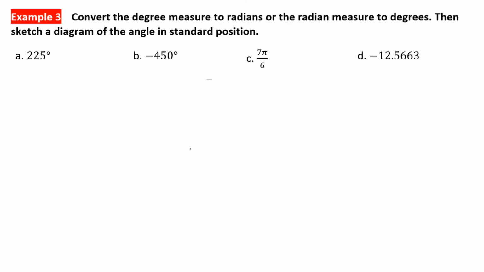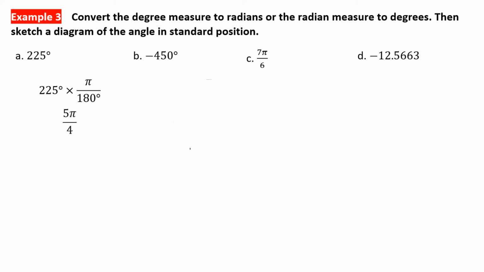Now can we convert between degree measures and radians, radians to degrees, and can we get a quick little sketch of what the diagram will look like in standard position? For 225 degrees, if we want to convert to radians, the rule is we're going to multiply by pi over 180. Notice that there's degrees in the numerator and denominator. Those are going to cancel out.